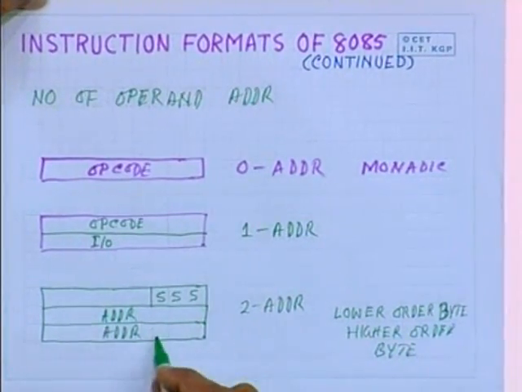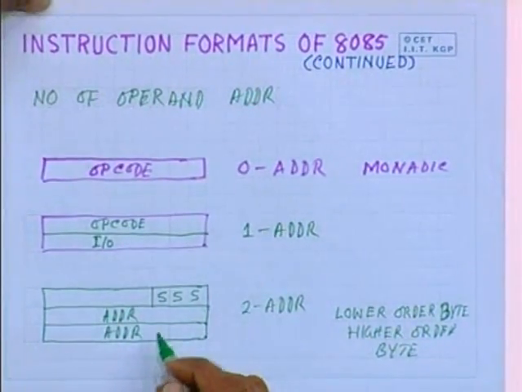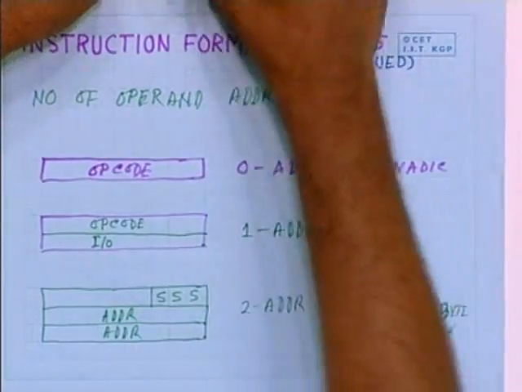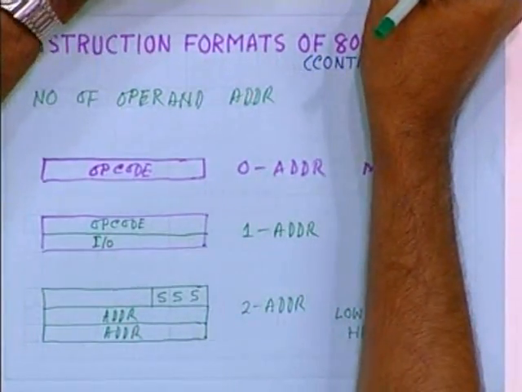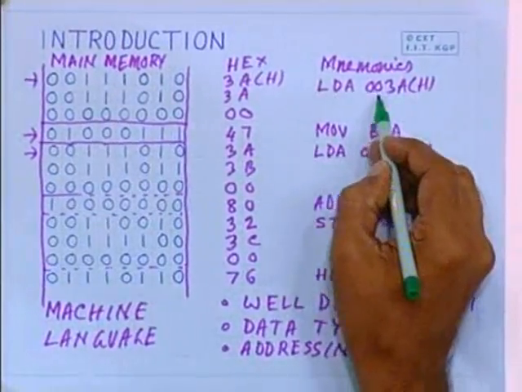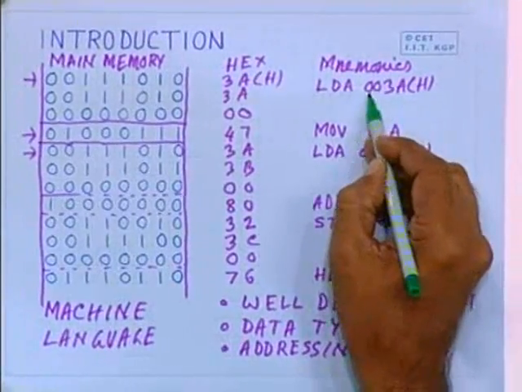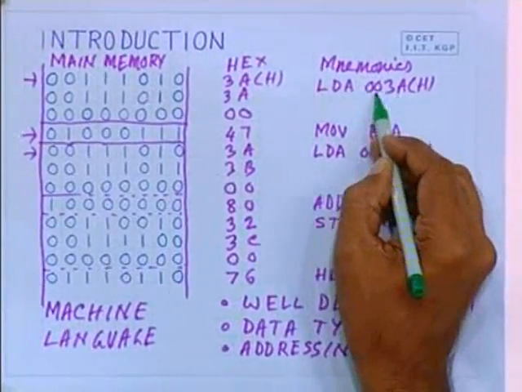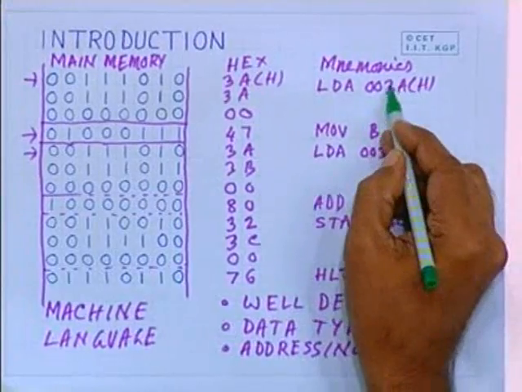For example, here is the address 003A. 00 is the higher order byte, 3A is the lower order byte.